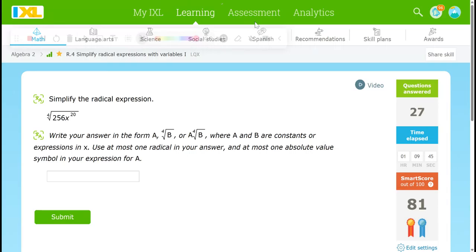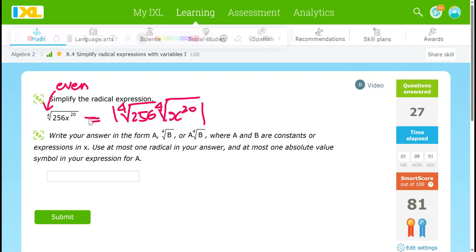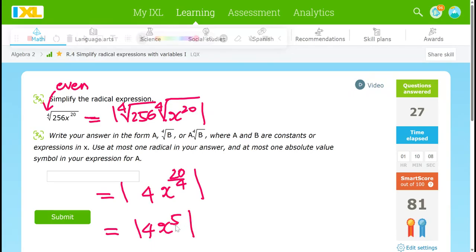So now I can go back over here. Where is mine? Oh, it's still here. Okay, so I come out absolute value 4, and then x to the power of 20 divided by 4, which is number 5. So absolute value of x to the 5: 4 times x to the 5.